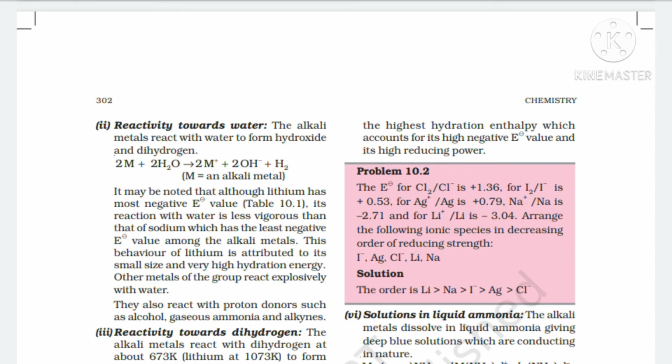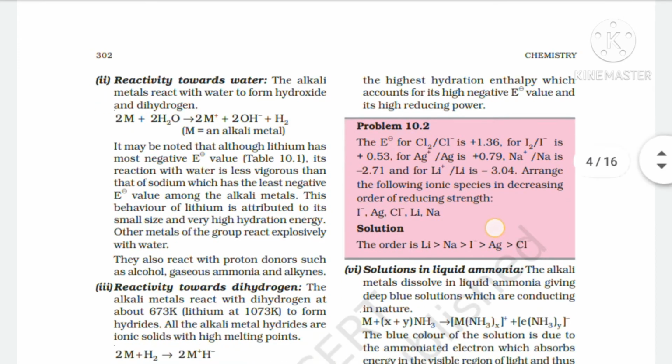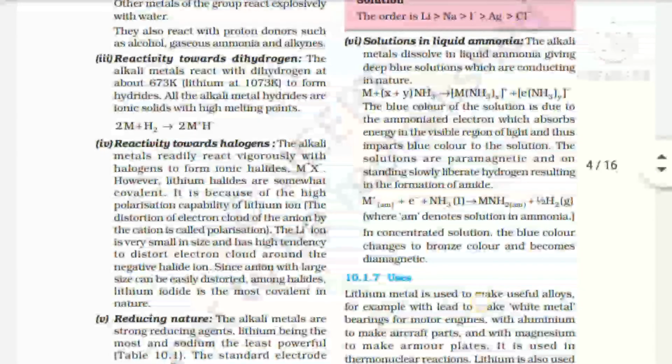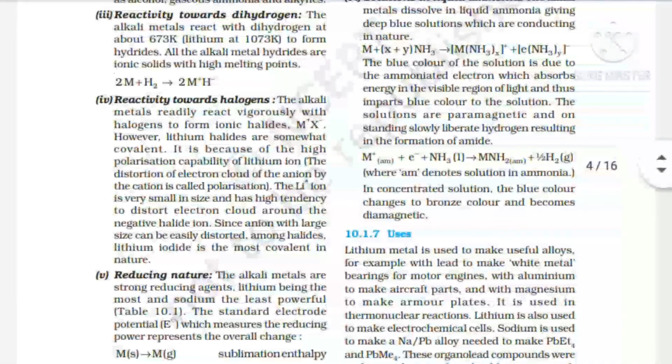Other metals of the group react explosively with water. They also react with proton donors such as alcohol, gaseous ammonia and alkynes. Then reactivity toward dihydrogen.